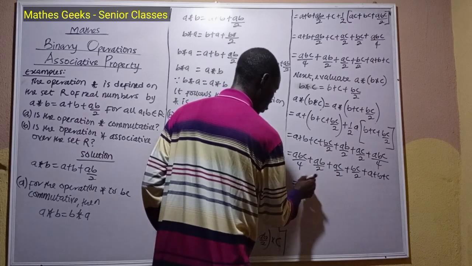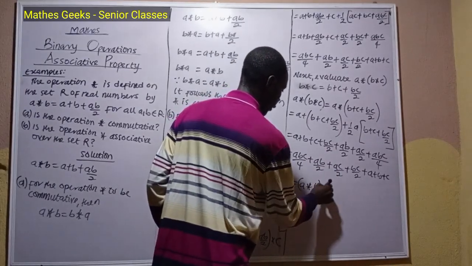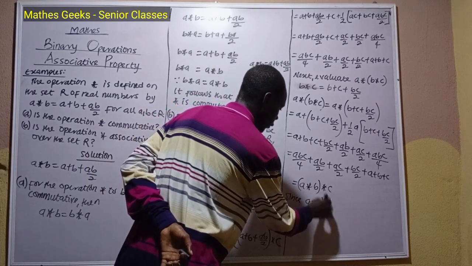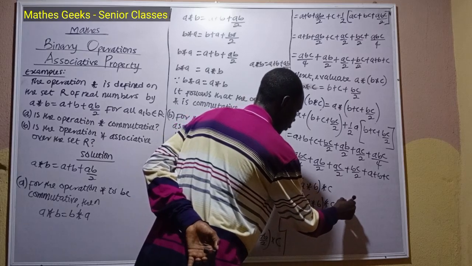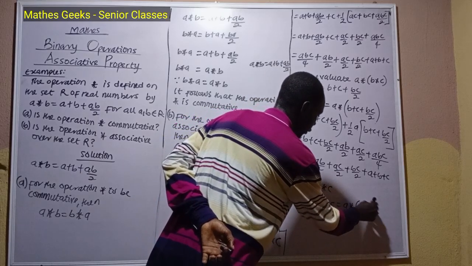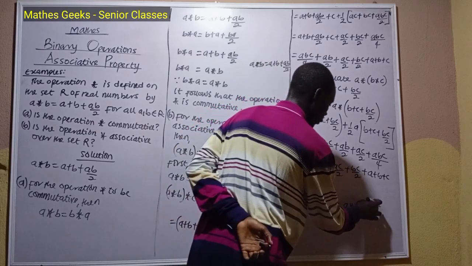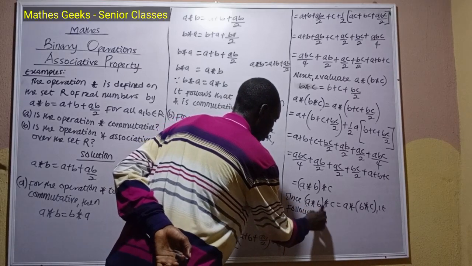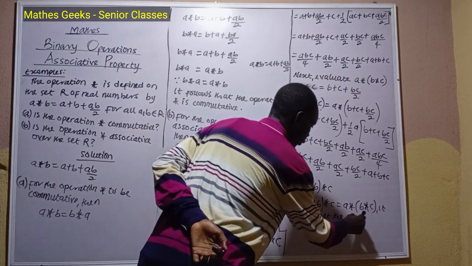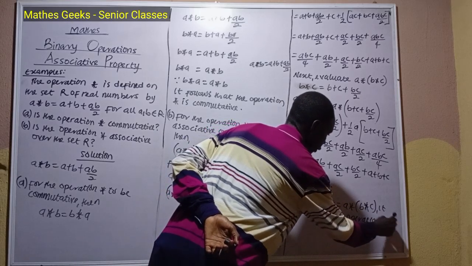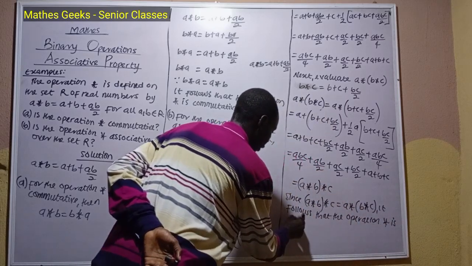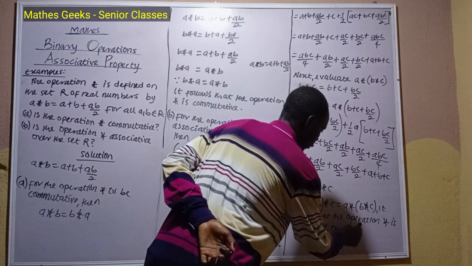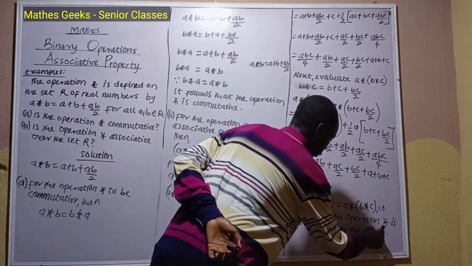So we say this is equal to (A star B) star C. Since A star (B star C) is equal to (A star B) star C, it follows that the operation star is commutative and associative over the set R.